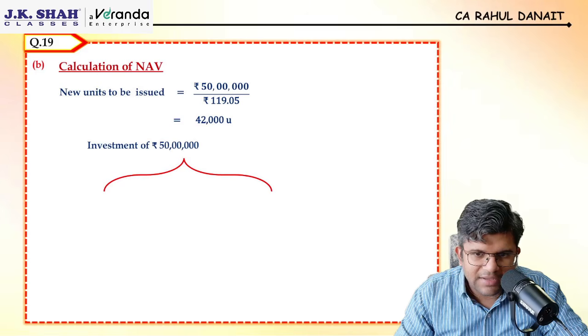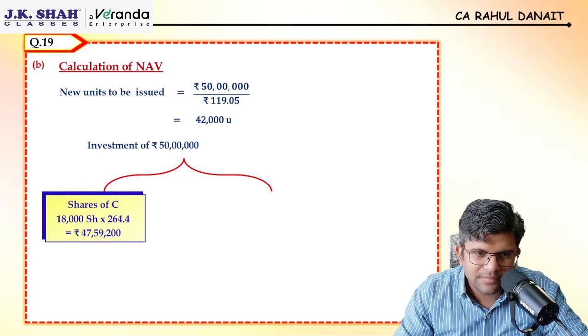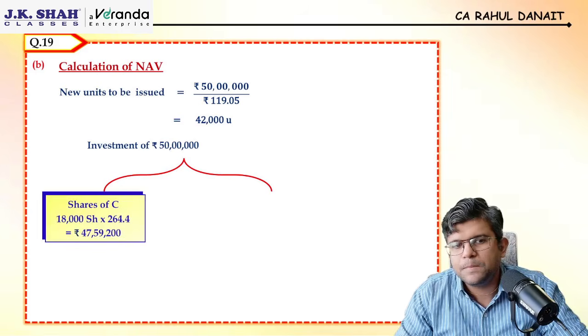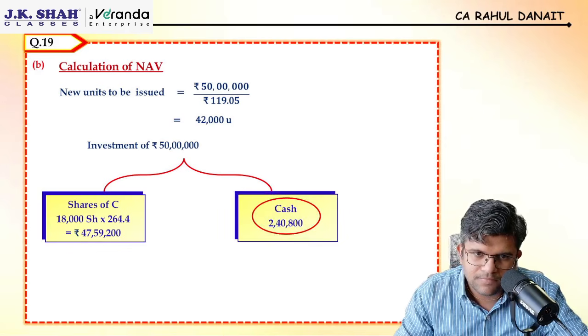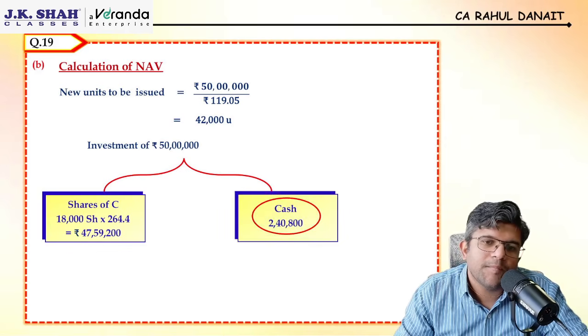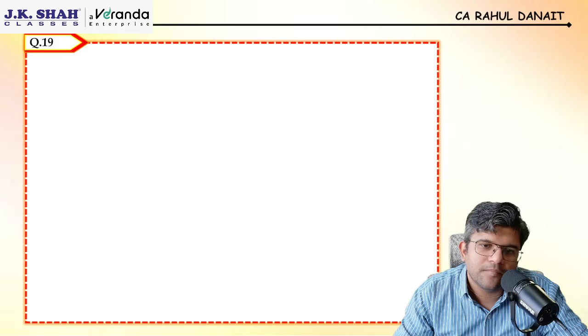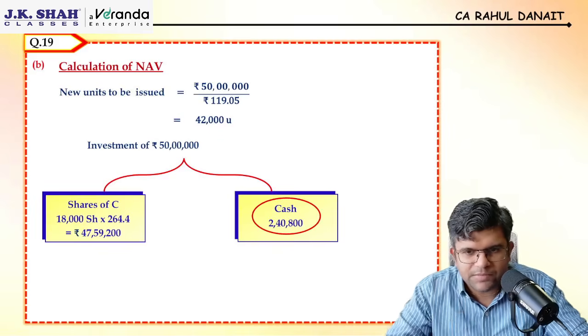You look at this carefully. 50 lakh rupees taken now from Mr. X. Give me a Y. Okay, copy this much down.